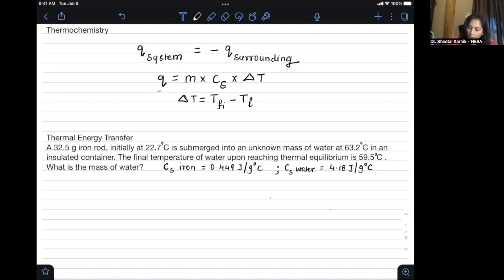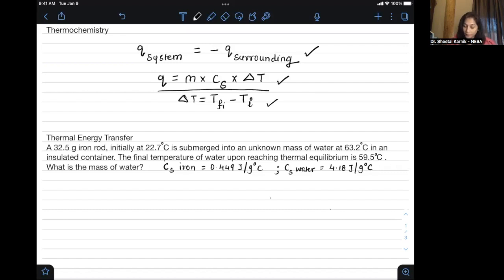This formula is true for both the system and the surroundings. So whenever you have questions on heat energy transfers, you're always going to be using this formula and this formula. Let's solve a question which utilizes these concepts to look into the thermal energy transfer.